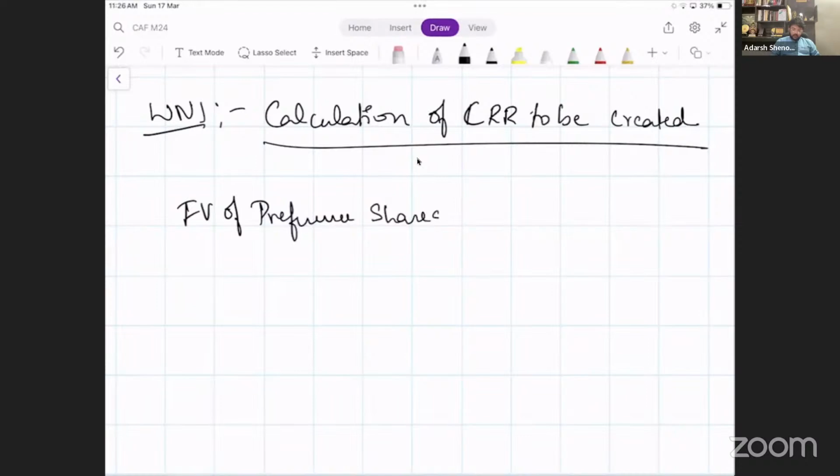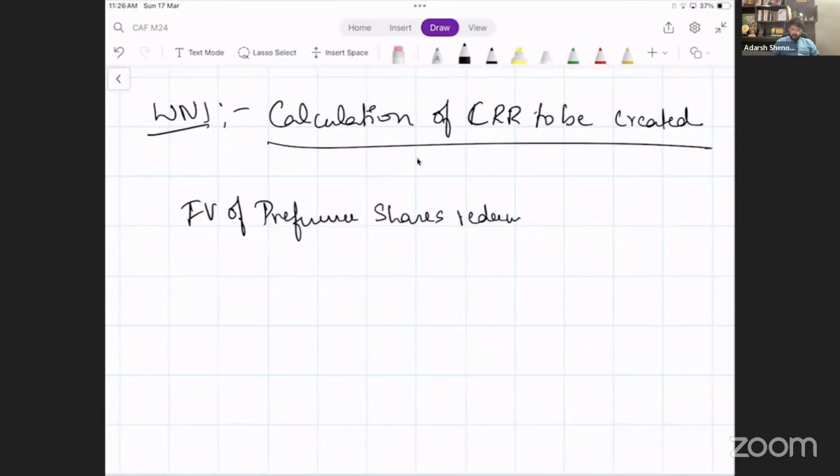Face value of preference shares redeemed, 3 lakhs.